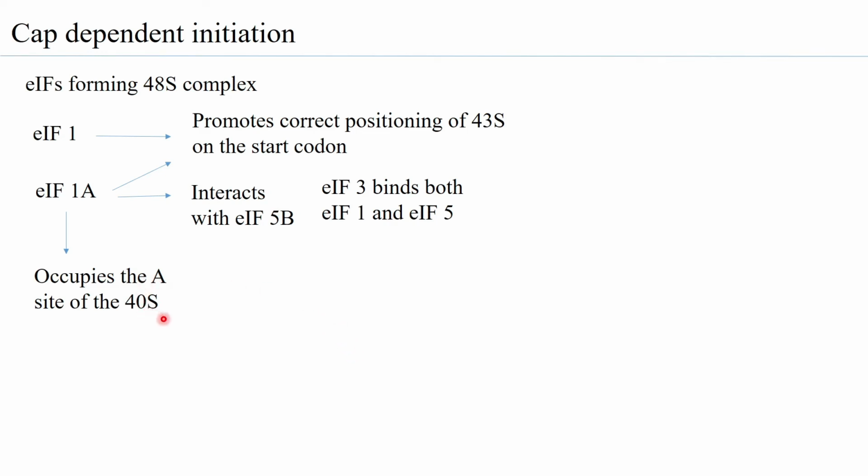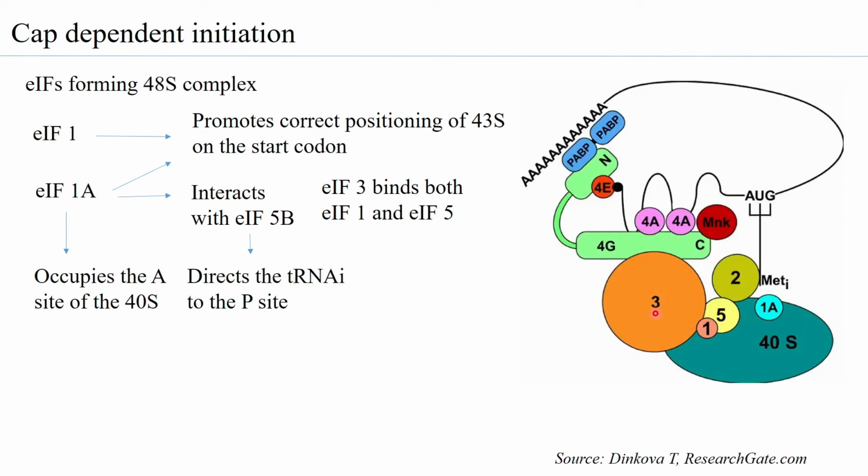And so that is taken care of by the fact that the A site is blocked by eIF1A. eIF5B is also directing the initiator tRNA to the P site. So together eIF1A and eIF5B ensure that the initiator tRNA is positioned at the P site.